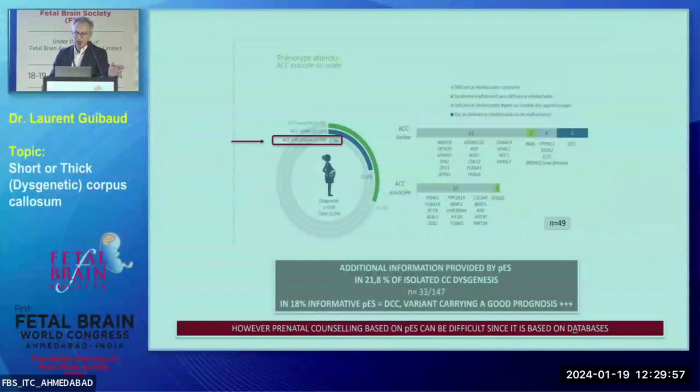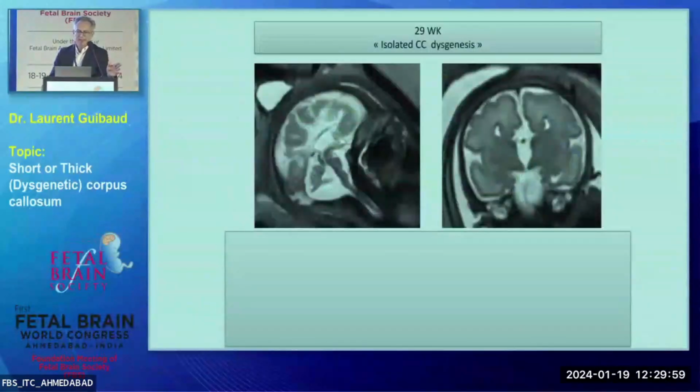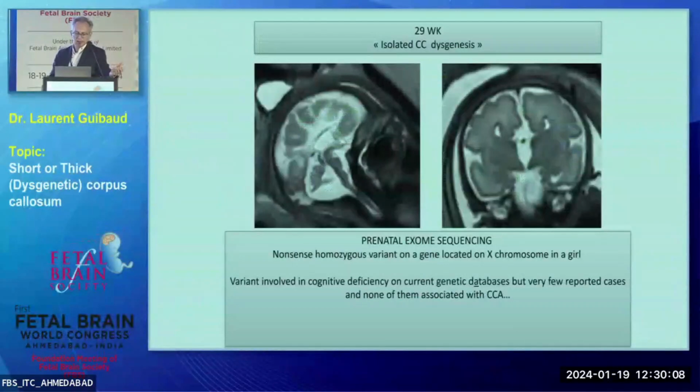All this is based on database. And this was the case. What was difficult, it was isolated. You see there is a dysgenesis. And in fact, on prenatal sequencing, we found a nonsense homozygous variant on a gene located on the X chromosome in a girl.